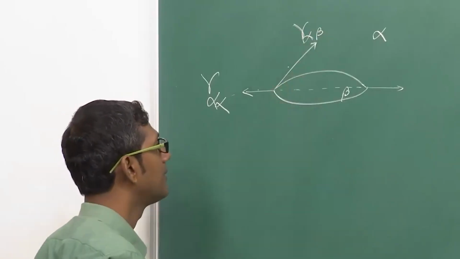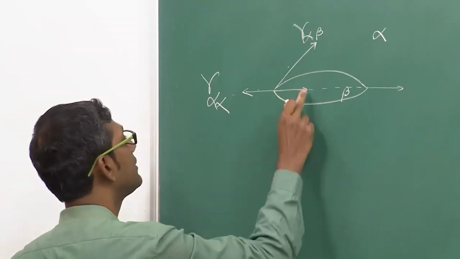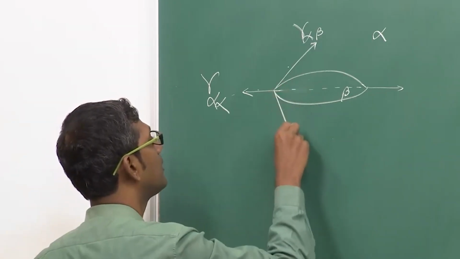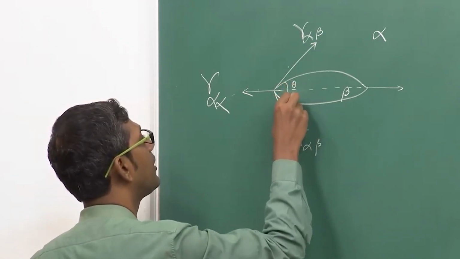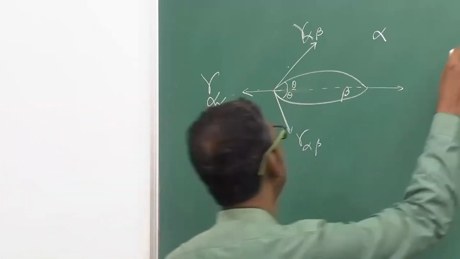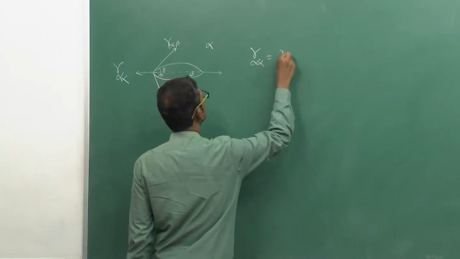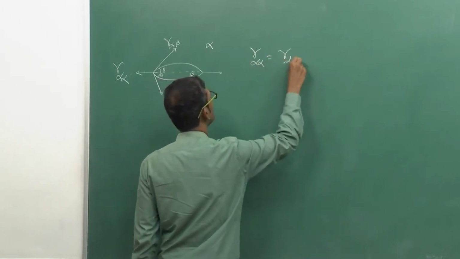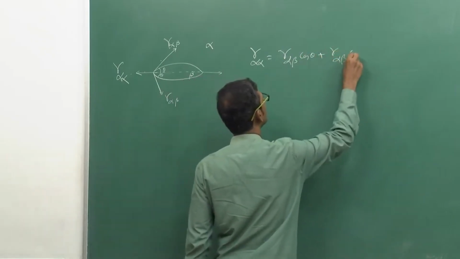Similarly, this one is also gamma alpha beta, and these angles will be theta. So I can write down gamma alpha alpha is equal to gamma alpha beta cos theta plus gamma alpha beta cos theta.